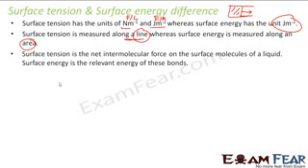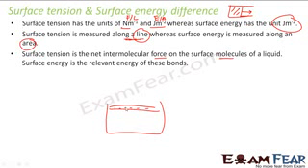Okay. Surface tension is nothing but the net intermolecular force on the surface molecules of a liquid. So I have a liquid here, some liquid on this surface. So the net force on the surface molecules is my surface tension. But the surface energy is nothing but the energy which these molecules have, right?